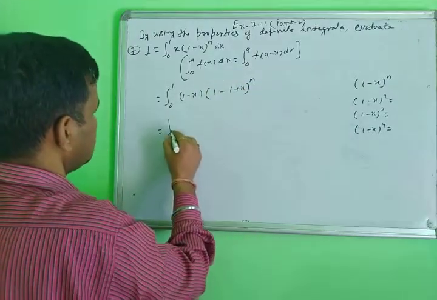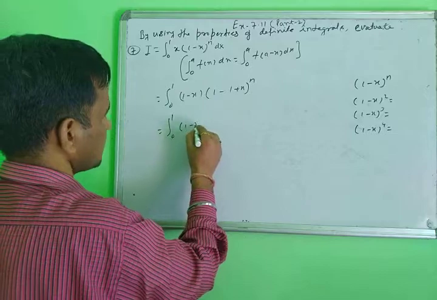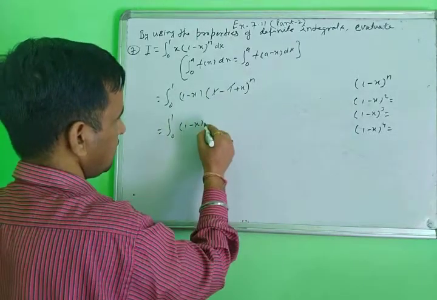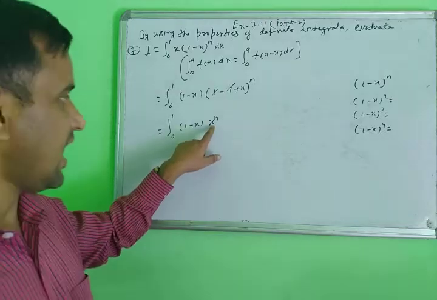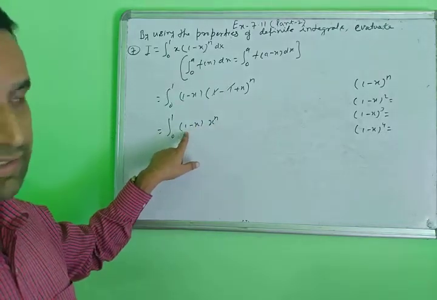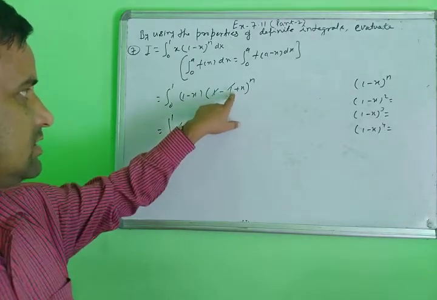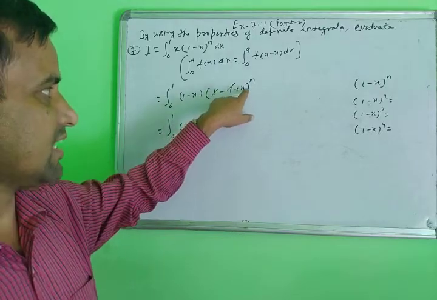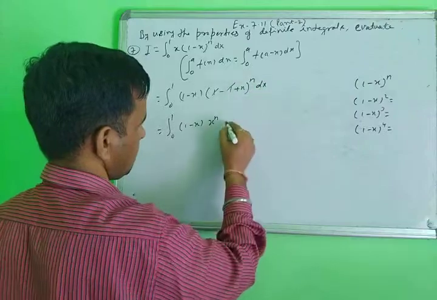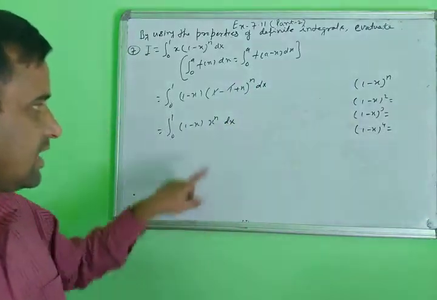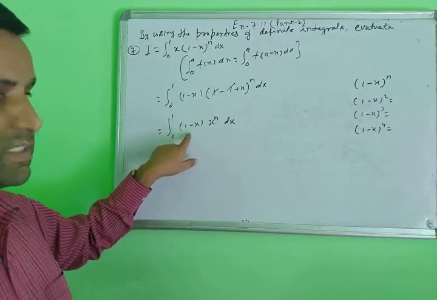So what result comes? The integral from 0 to 1 of (1 minus x) becomes x, so 1 minus 1 plus x is cancelled, and x to the power n is left, with dx. After that you multiply inside by x to the power n.